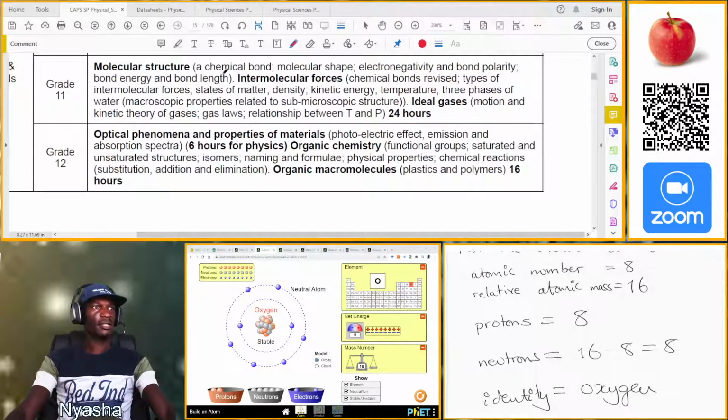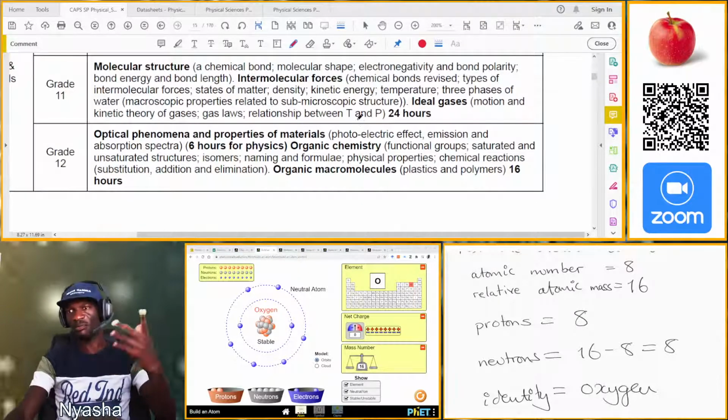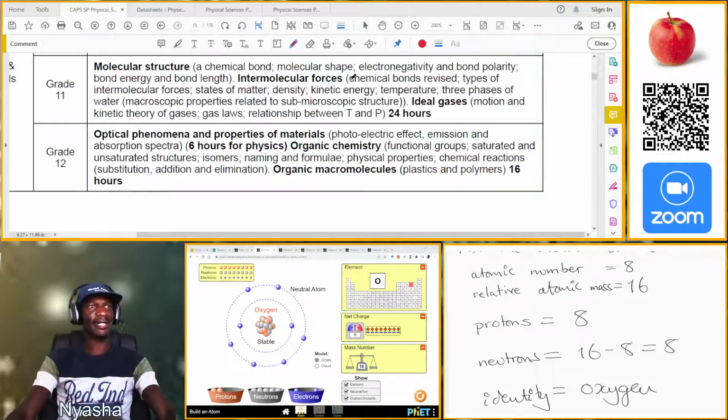So after the chemical bond and the molecular shape have been understood from the basics of how the structure of the atoms are laid out, then you will need to remember your electronegativity and bond polarity theory. So all these are useful for you to build understanding of the molecular structure and the forces that can act in between the elements and also the molecules.